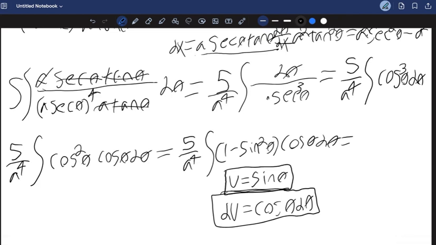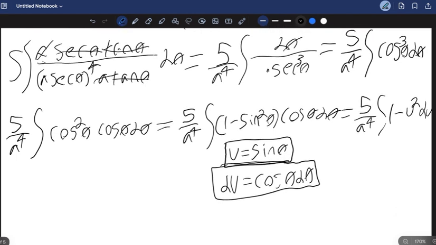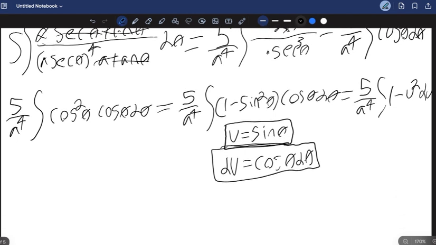So I want to make these substitutions. I get 1 minus u squared du. Should be very easy to evaluate now. Now we have the integral of 1, which is going to be, I think it's theta. And so what are we taking this integral relative to? What's our integration variable? Wait, it's u.